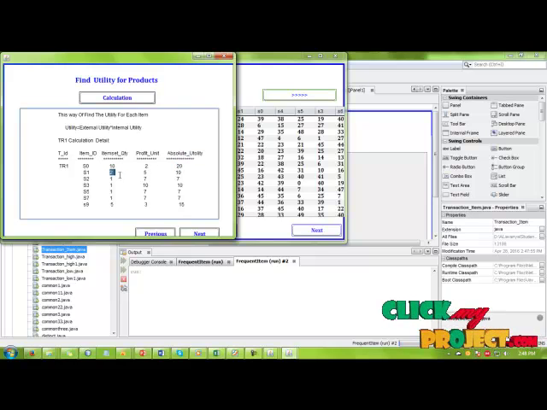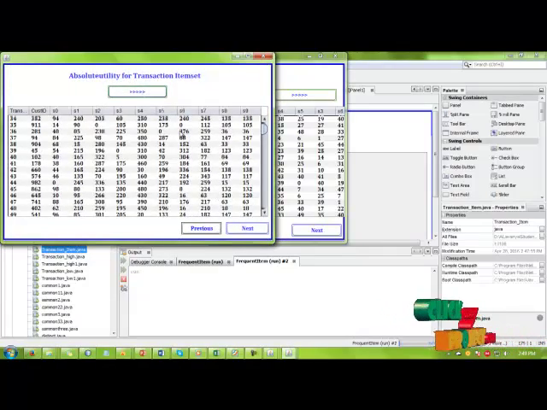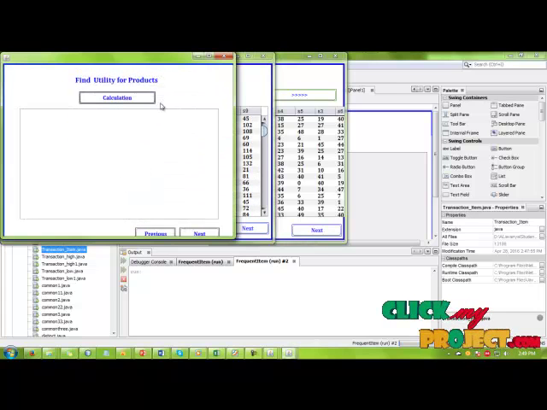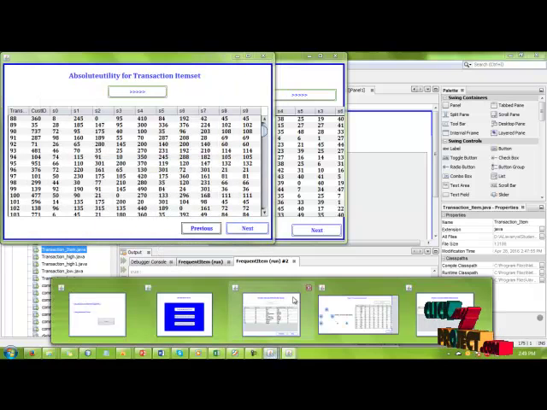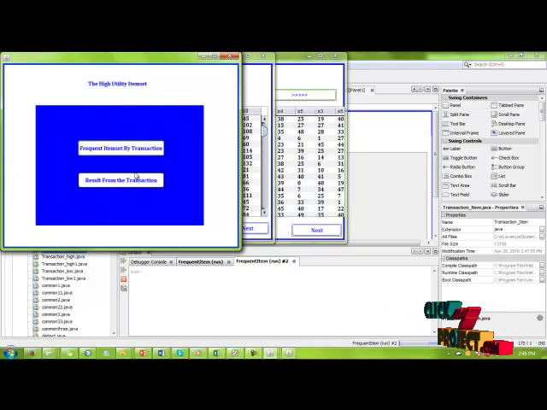For the purchasing of 2, the profit unit is 5, so the absolute utility is 10. Likewise, we calculate the absolute utilities for each product. After that we update those absolute utilities in the transaction item set. These are all by profit, and after that we are going to find out by transaction.